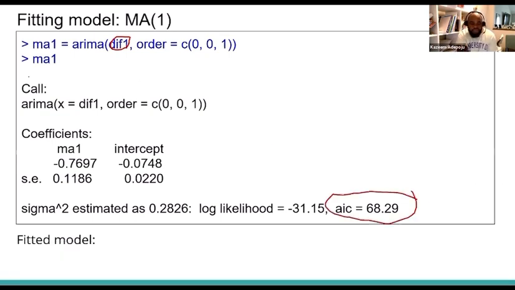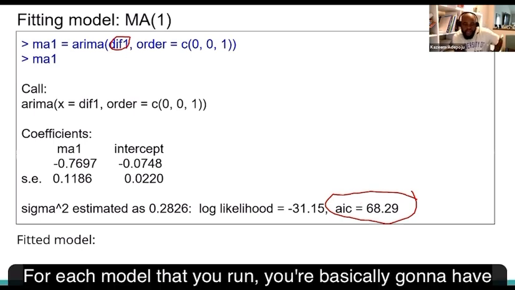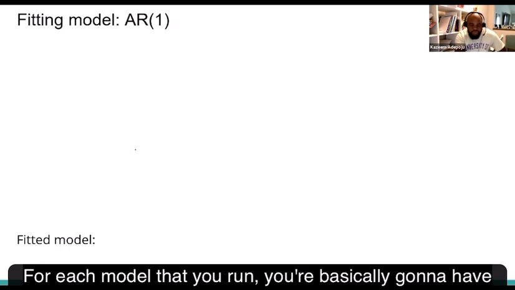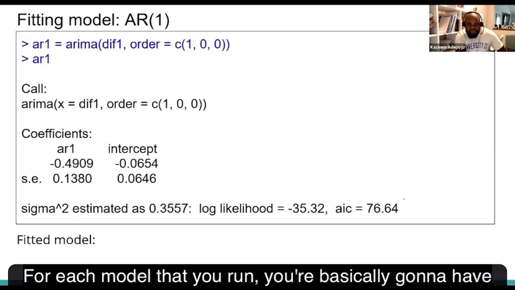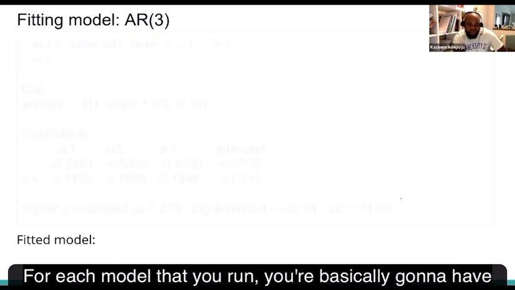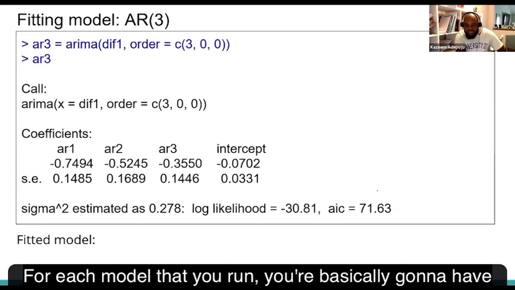When you run the code, the AIC is automatically generated. It's part of the output for each model that you run. The AIC is what we call the Akaike information criterion. Every output is going to have the AIC.